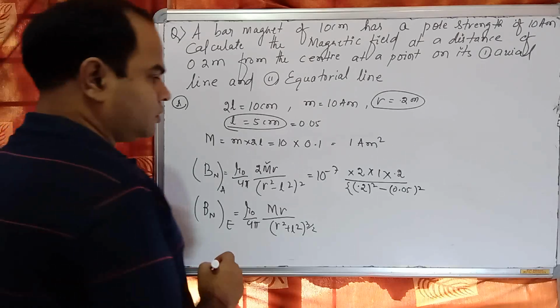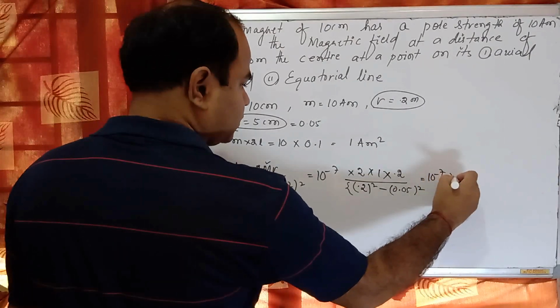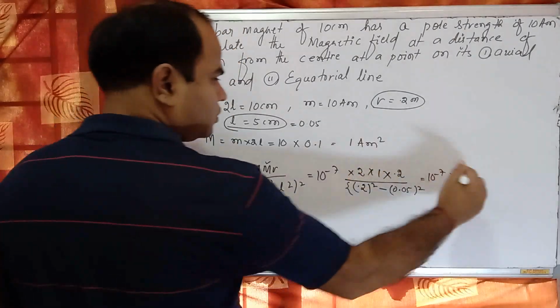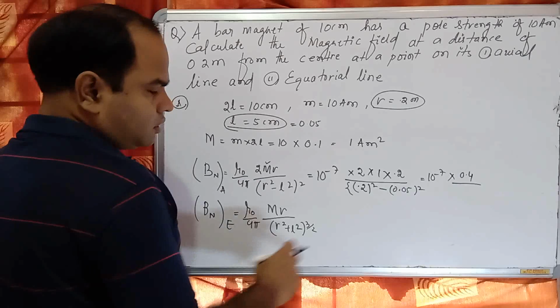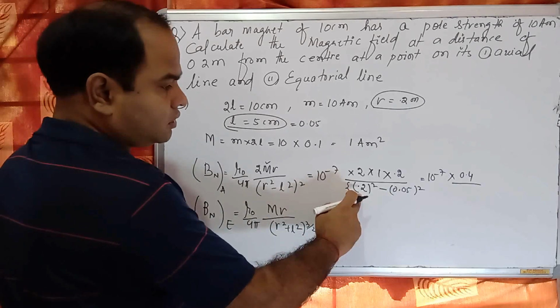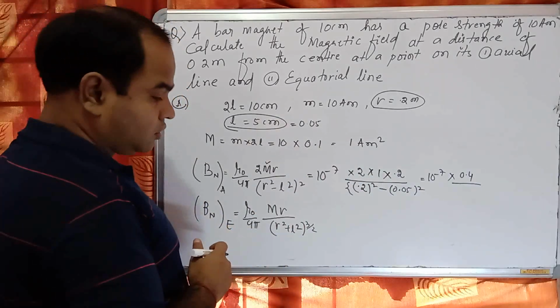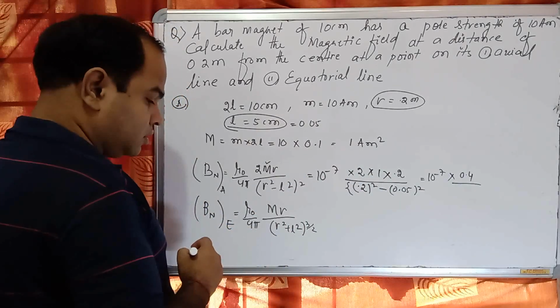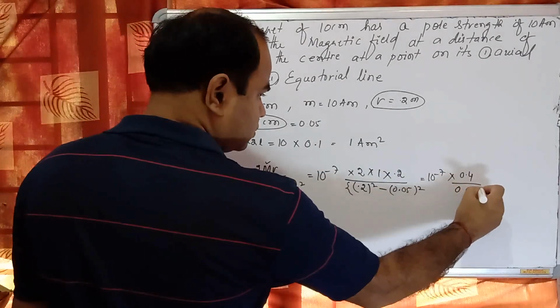So this is equal to 10 to the power minus 7 into 0.4 divided by 0.04 minus 0.0025, that is equal to 0.03375.